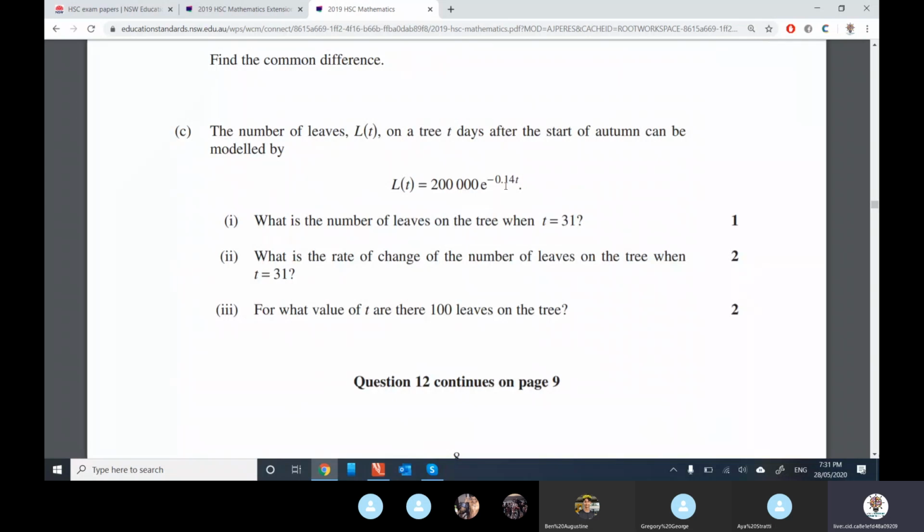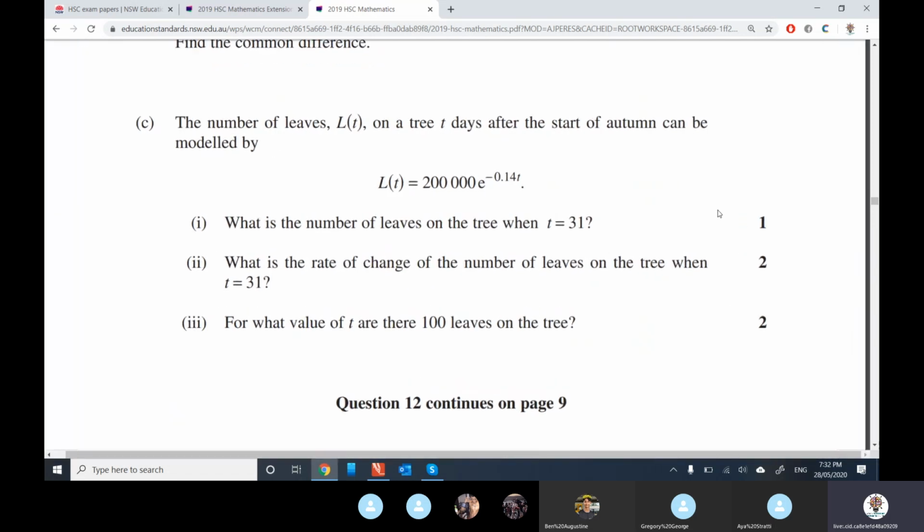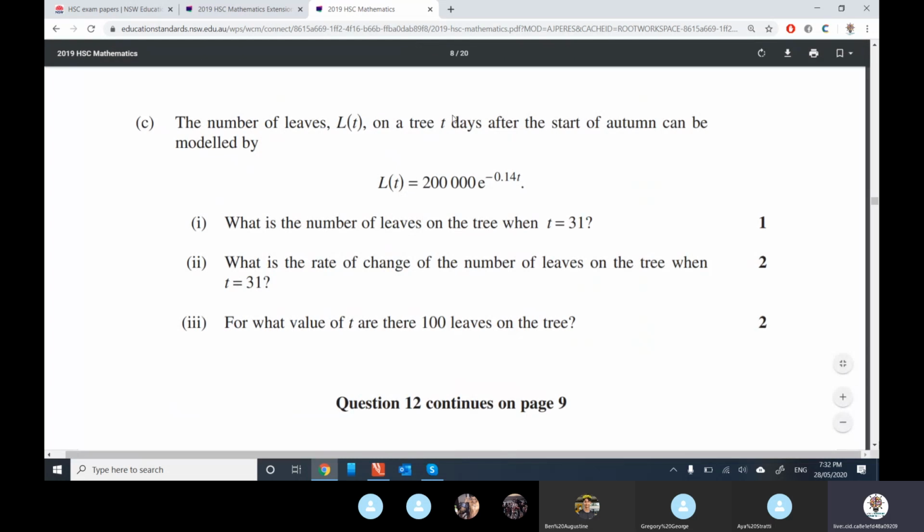It's just your exponential growth and decay. So I'm going to give you guys about 5 minutes to go get 5 marks. I believe we can all do this, so that means it should be really easy. All right, there's no dramas there. So go. Last year's HSC paper. Let's go.